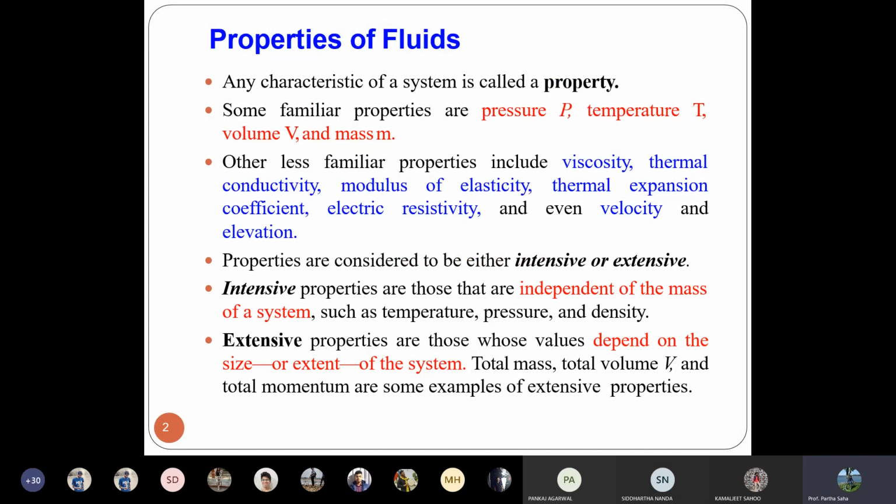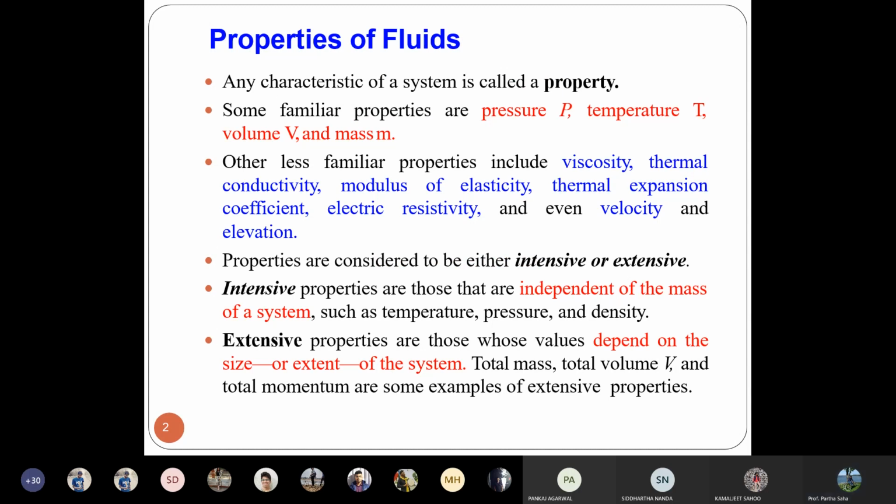And there are other less familiar properties like viscosity, thermal conductivity, elasticity, thermal expansion coefficient, etc. Also, we talked about intensive and extensive properties, and how to know whether a property is intensive or extensive. That was in yesterday's presentation. If it is an intensive property, it should be independent of the mass of a system, whereas extensive properties depend on the size of the system.